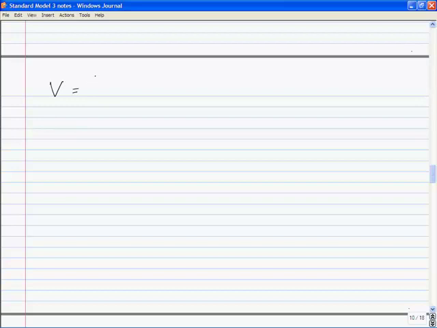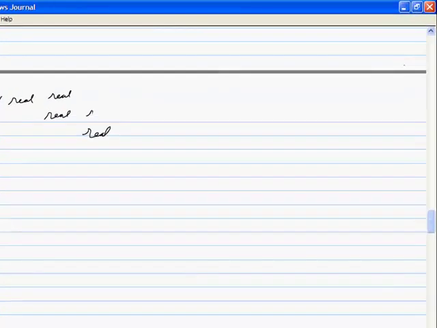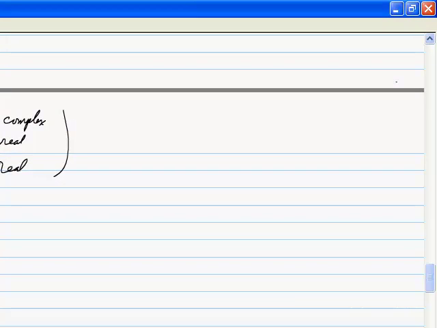So this V matrix can be put into the following form. It's real, real, real, real here, complex there. And then the rest of them are fixed by unitarity. Okay, that's a possibility. A real 3 by 3 matrix has 3 parameters, 3 Euler angles.